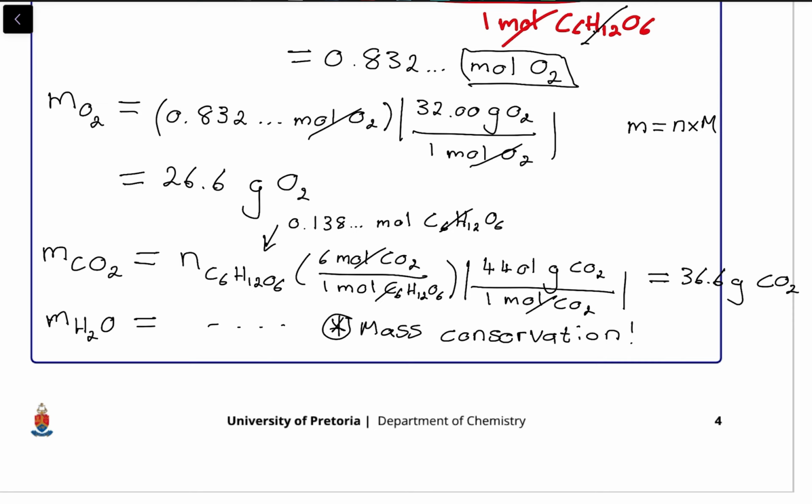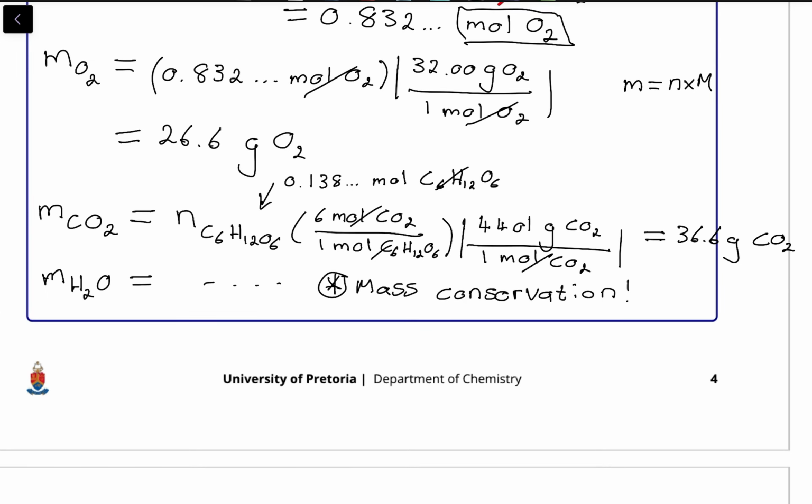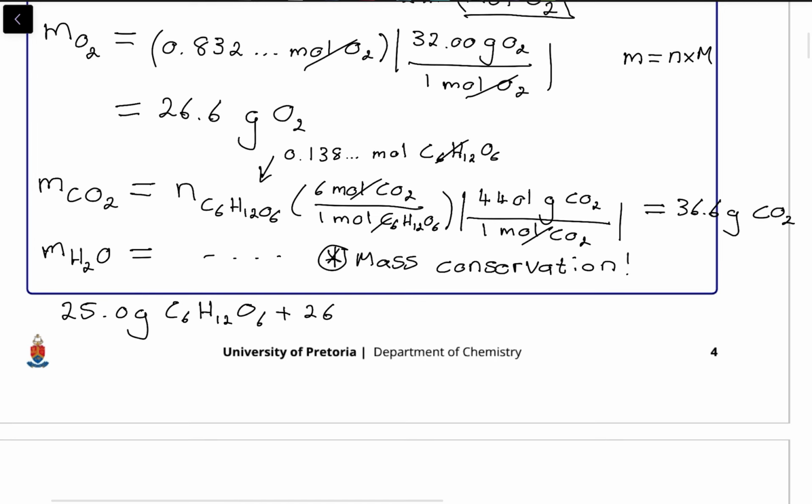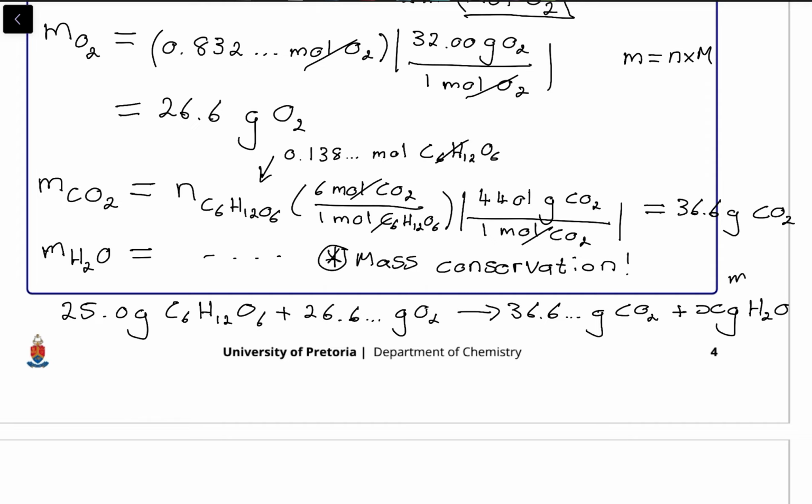If you use mass conservation, we know that 25.0 gram C6H12O6 reacts with 26, now that shouldn't be the rounded number, but 26 point something something something gram O2 to produce 36.6 something something something gram CO2 plus X gram H2O. Or you can call it the mass of H2O.